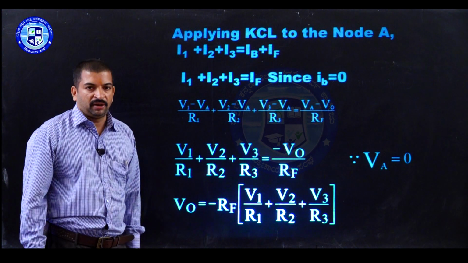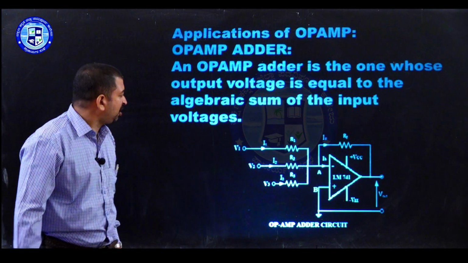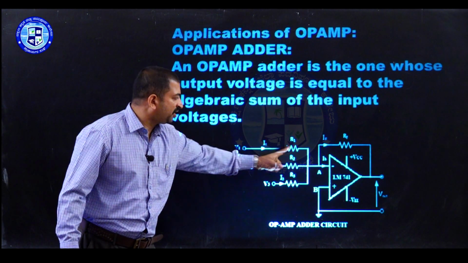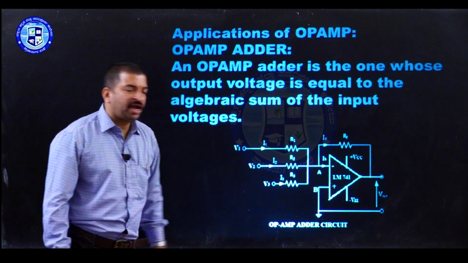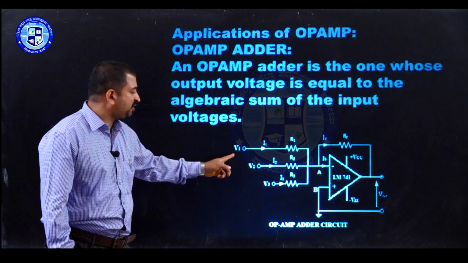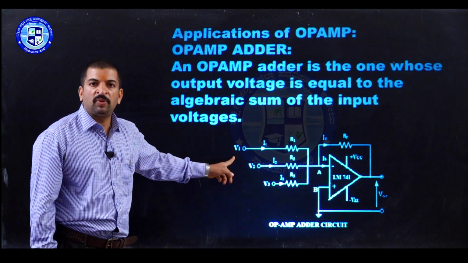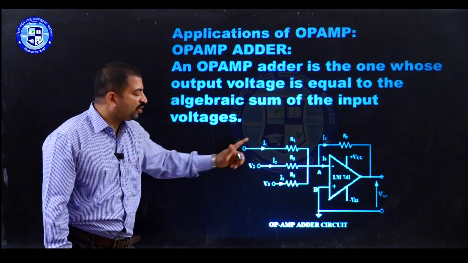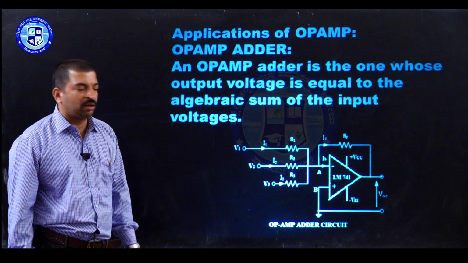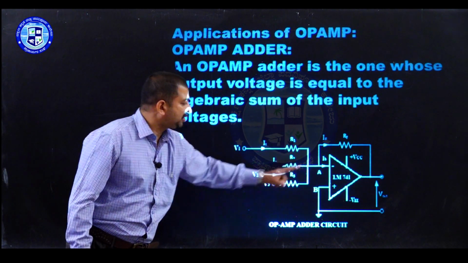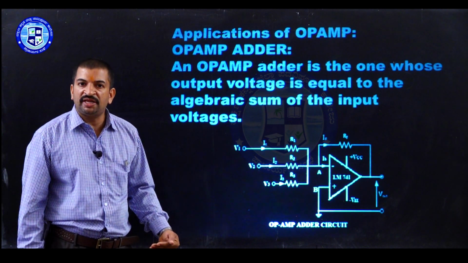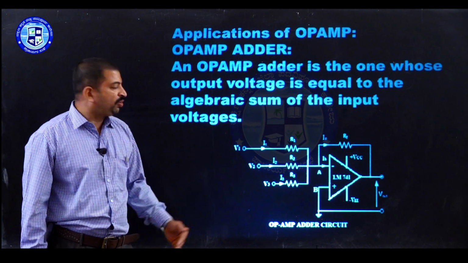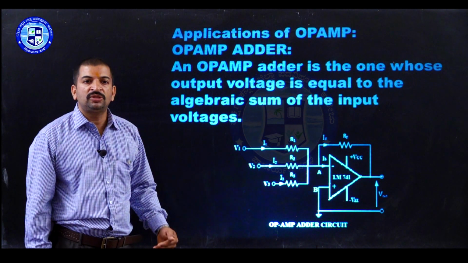Now, what is I1? I1 is the current flowing through the resistor R1. One end of the resistor R1 is at virtual ground, and the other end is connected to the input voltage. The voltage across resistor R1 is V1 minus VA, and dividing by R1 gives the current.